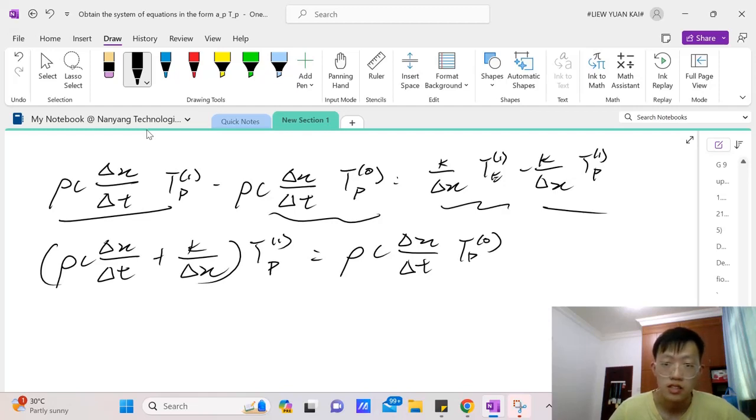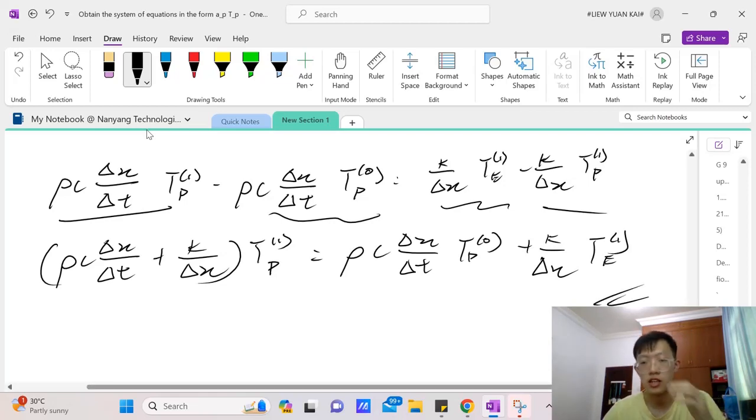Next, we want the last term. And there you have it, the equation at the first boundary.